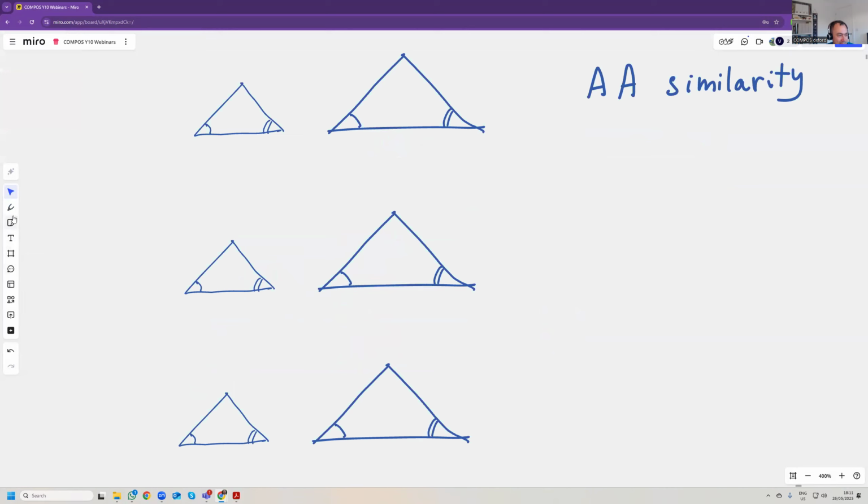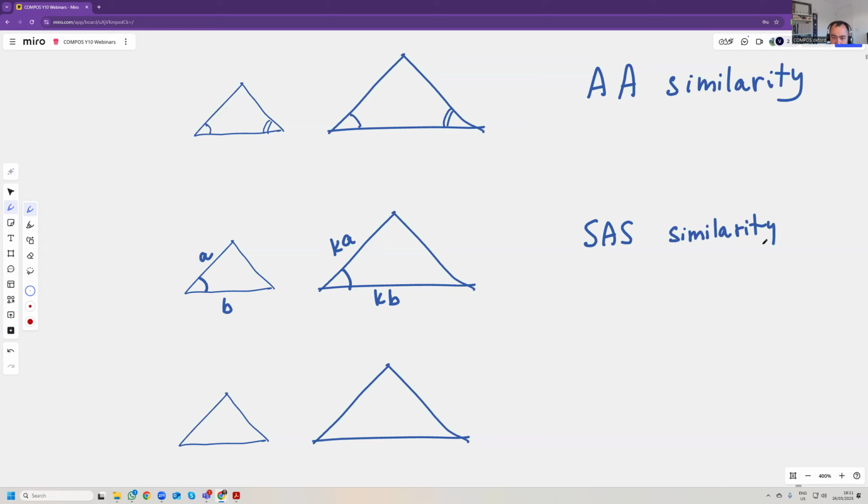Okay, so how does that work? Let's say this is A, this is B, and this is KA, and this is KB. And the angle is the same. So that is side, angle, side similarity.